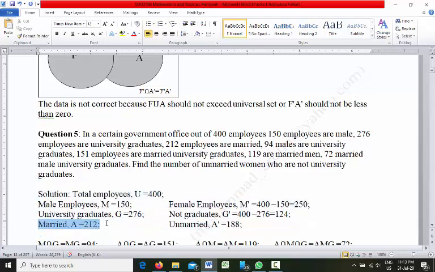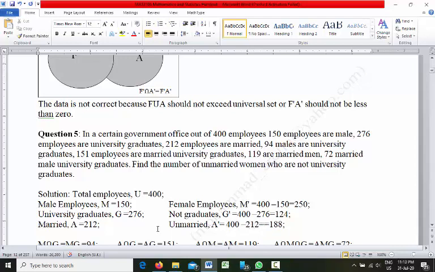How many employees are married? 212 employees are married. Obviously, the remaining employees are not married.